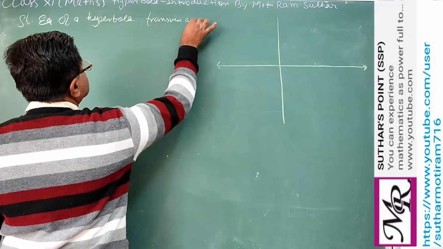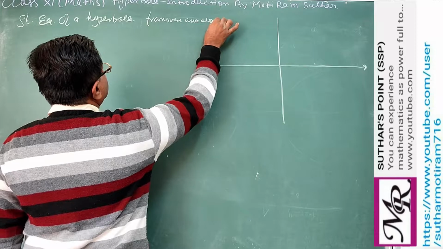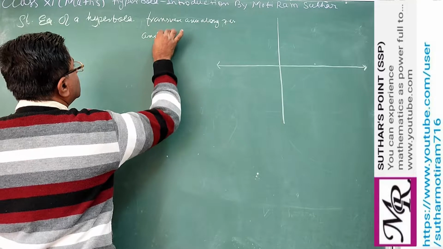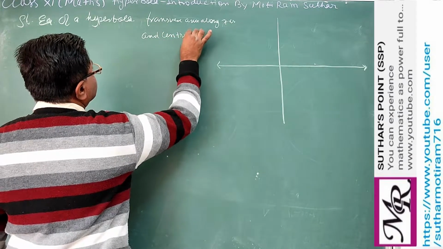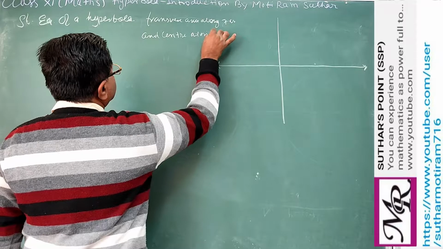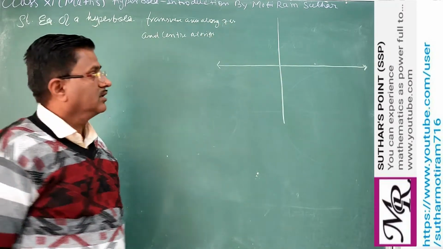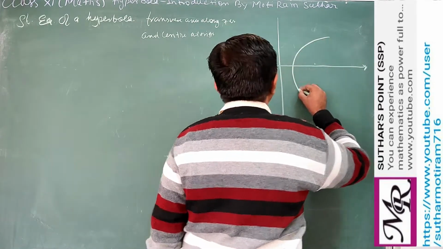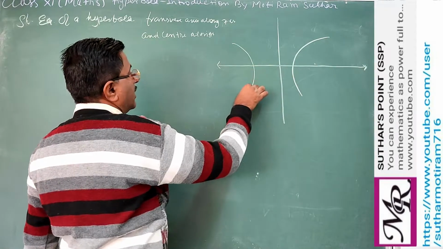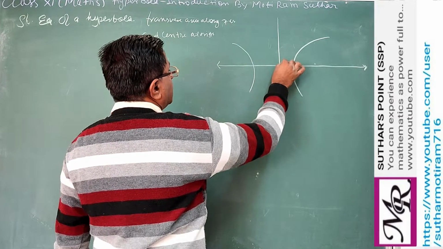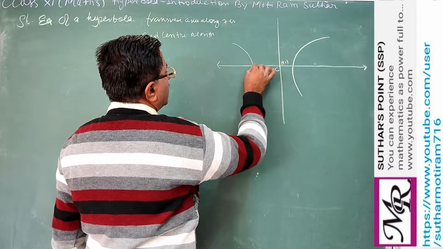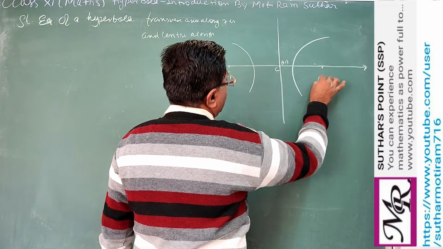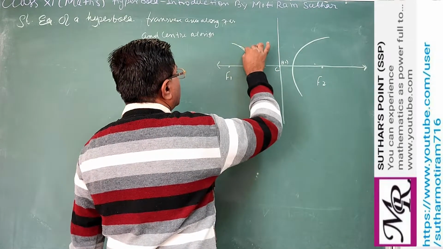First we take the transverse axis along the x-axis and center at origin. Clear? So this is the transverse axis, and this is the center, which is at origin. And here we have two foci, F1 and F2.